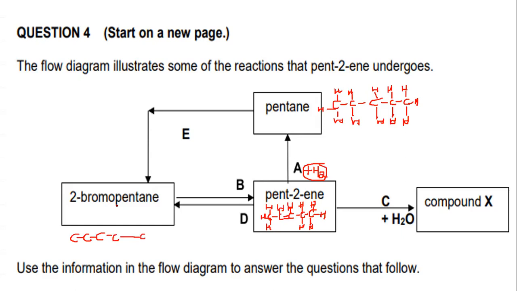Why 5? Pent. Then on carbon number 2, I am definitely told that I have a bromine atom. So it means the rest are going to be hydrogens.